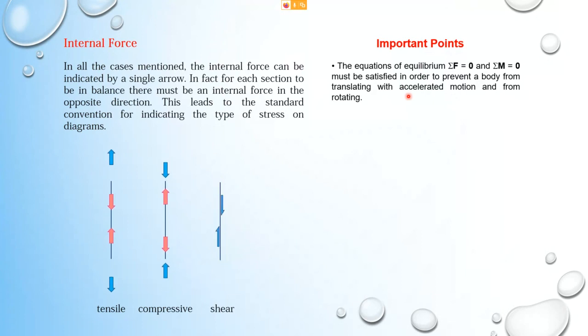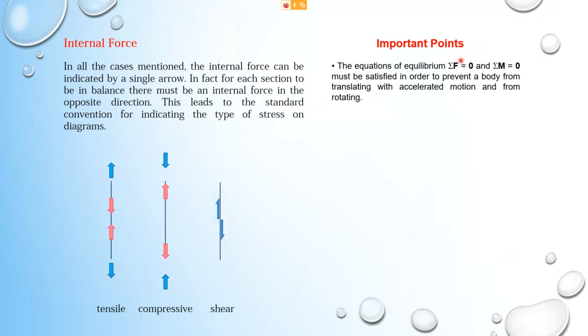So that means static. Remember, to solve any problems in strength of materials or mechanics of engineering materials, you always make use of these 2 conditions: the total force equals 0 and the sum of moments equals 0.